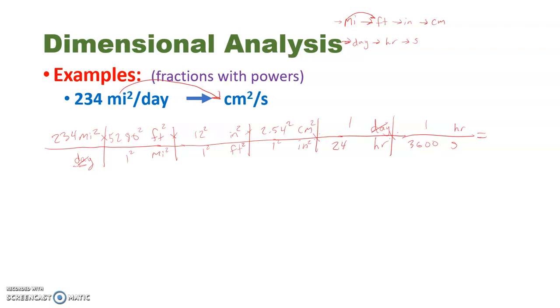I got to get better at this. 234 times 5280 squared times 12 squared times 2.54 squared. I'm just going to hit equals to see what that is. Divided by 24 equals divided by 3,600 equals.